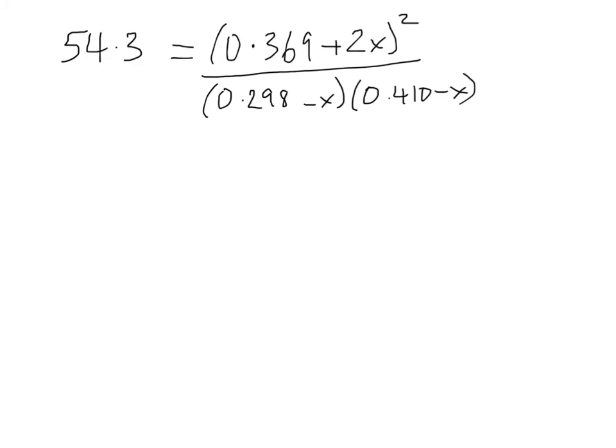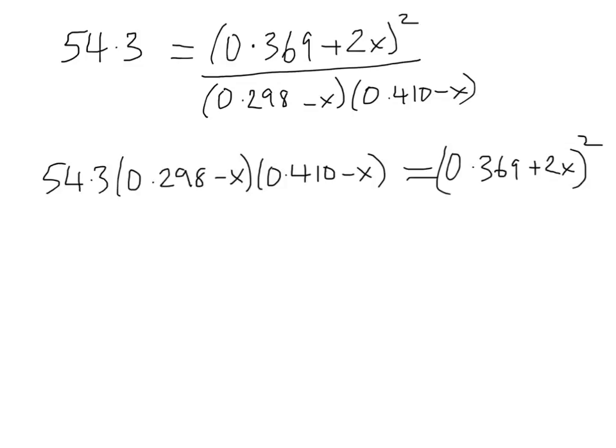Alright, so we're going to have to cross multiply and expand and FOIL and all that good stuff and figure out what x is equal to. So our first thing is to bring the bottom of one side to the top of the other. So that's 54.3 times the bottom, like so. And then we can FOIL these terms.